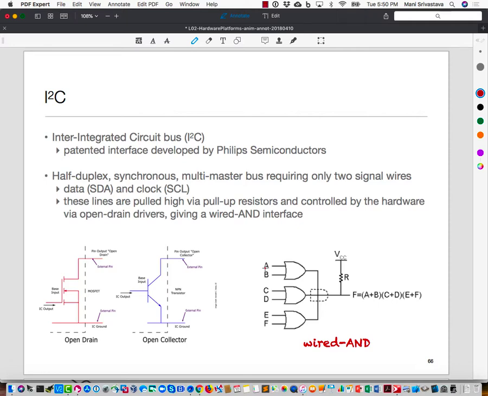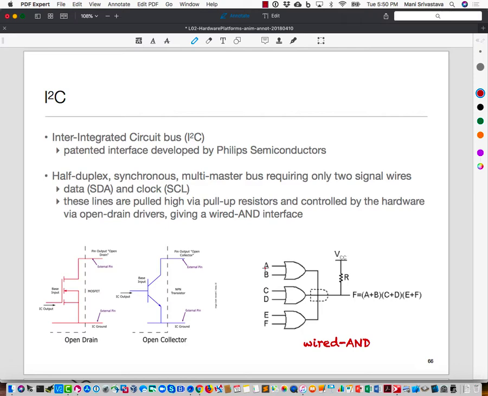We have transistors. Think of a transistor as a switch. If the switch is on, I connect the wire down to ground. So I pull it low, so the wire gets pulled low to 0. Now normally, our circuits also have a similar switch up here, which pulls it up to 5 volt or 3 volt.